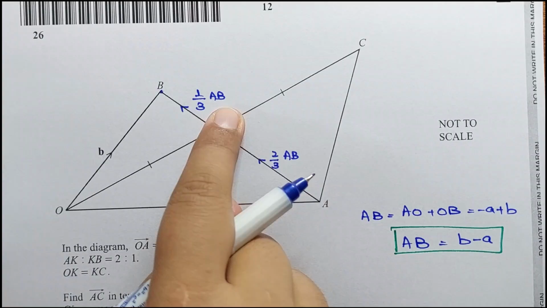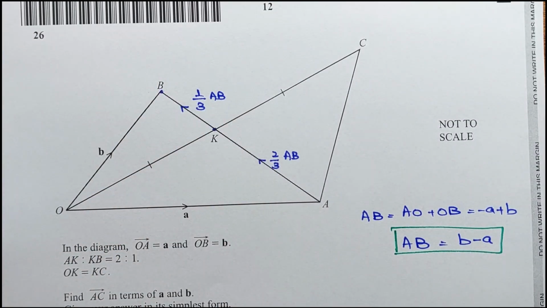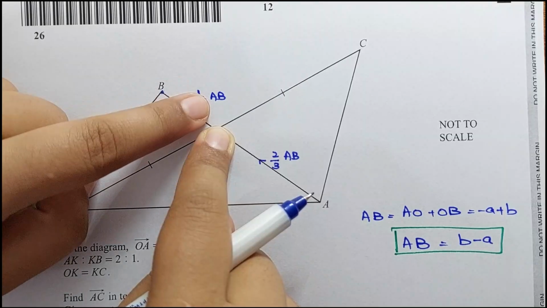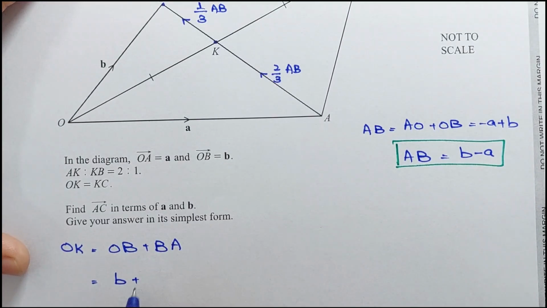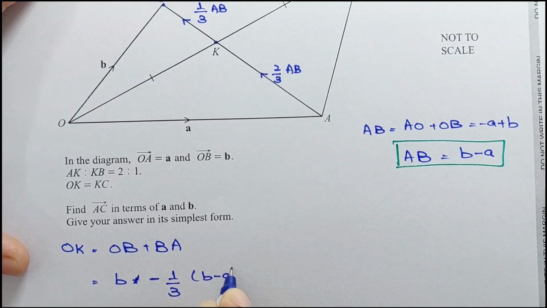When you move O to K, you have to move O to B and then B to K. O to B is vector b, and from B to K is the opposite direction, 1 by 3 of AB with a negative sign. 1 by 3 of AB, which is b minus a.